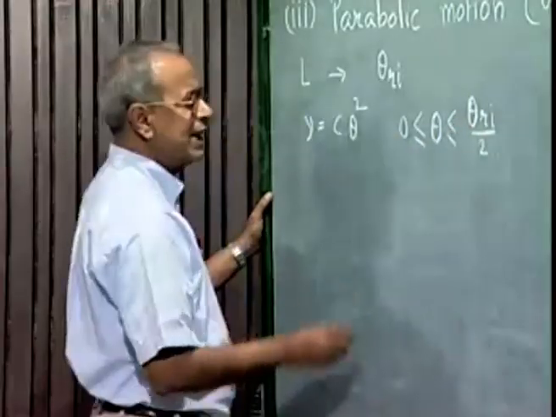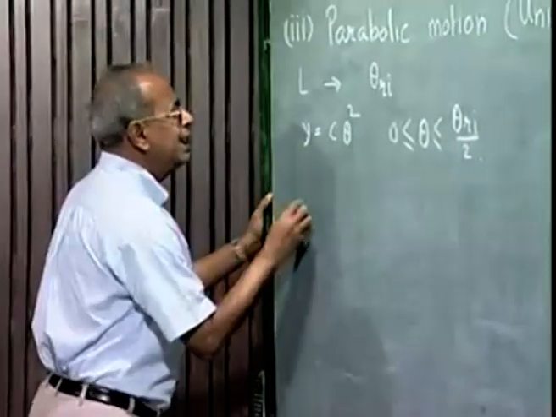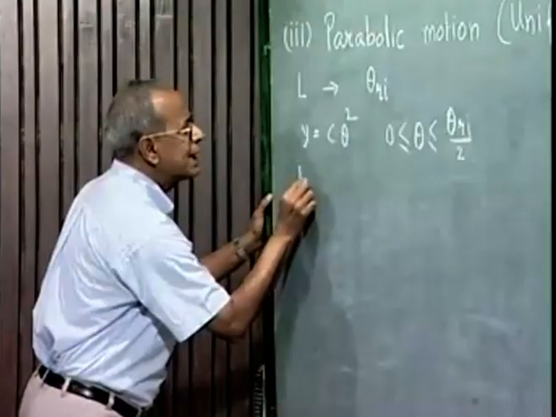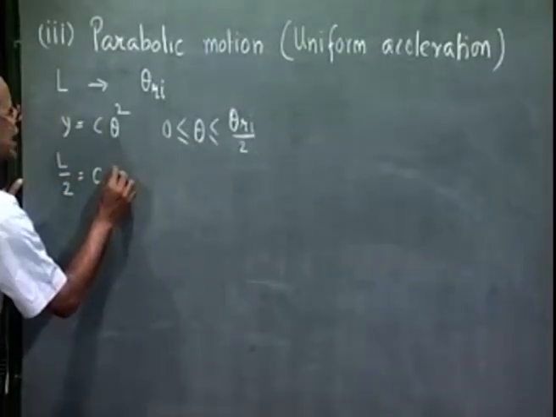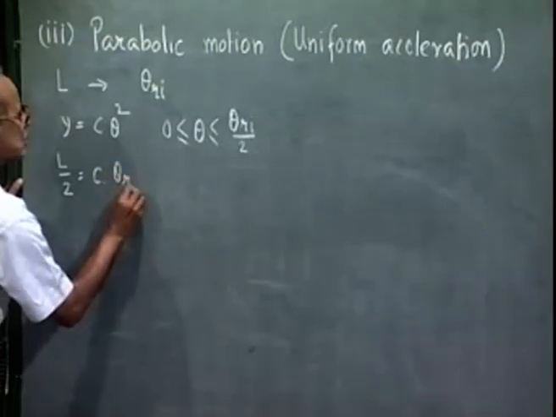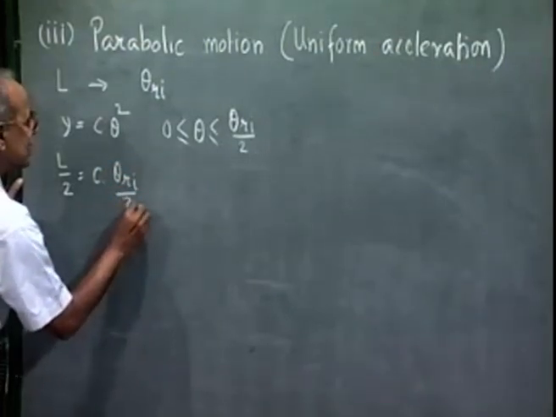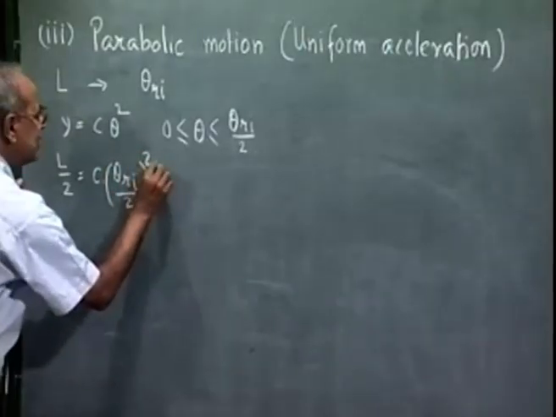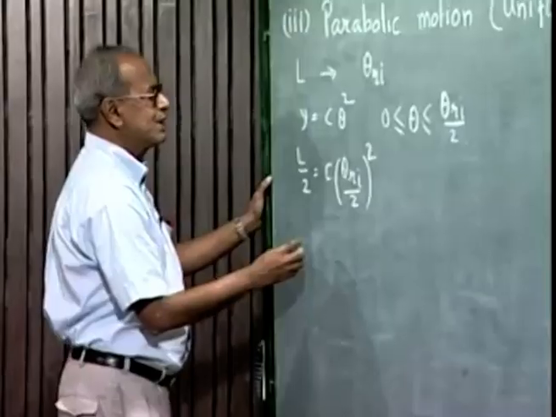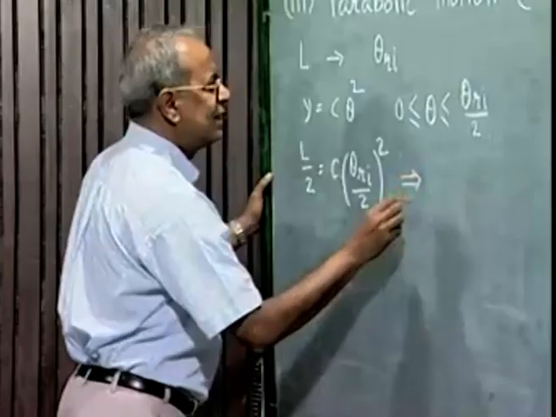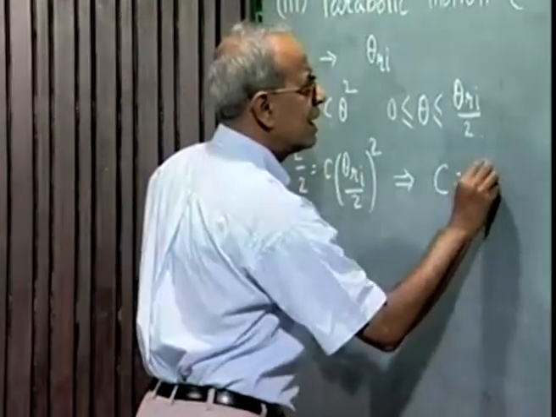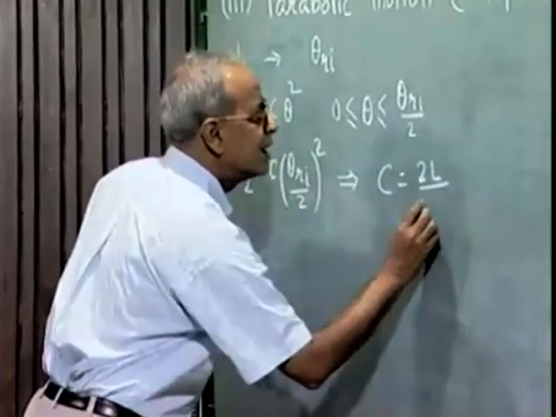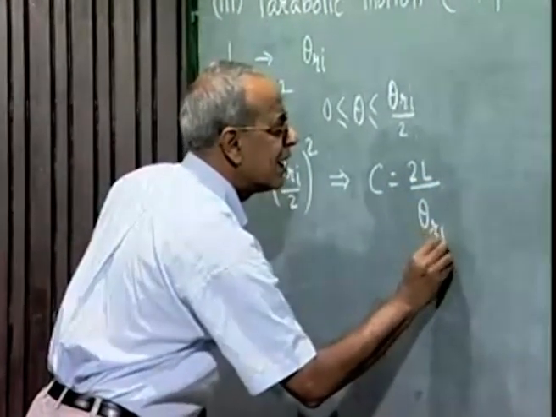The value of the constant c can be easily found out if we remember that at the half of the value of theta Ri, that is at the half of the rise, y is L by 2. It attains half of the lift when theta is theta Ri by 2. So that gives me the value of c as 2L divided by theta Ri squared.